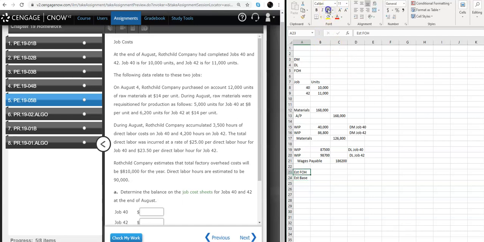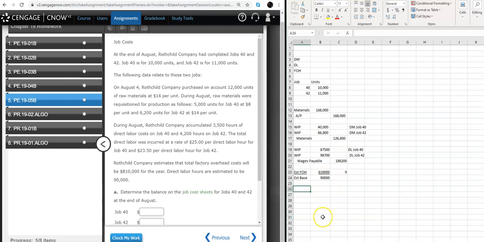I'm going to put an underline, and they're telling me that estimated factory overhead is 810, and estimated base, or direct labor hours, 90,000. So I'm going to divide to find my rate, and when I do, I find that my rate to apply factory overhead is $9 per direct labor hour.